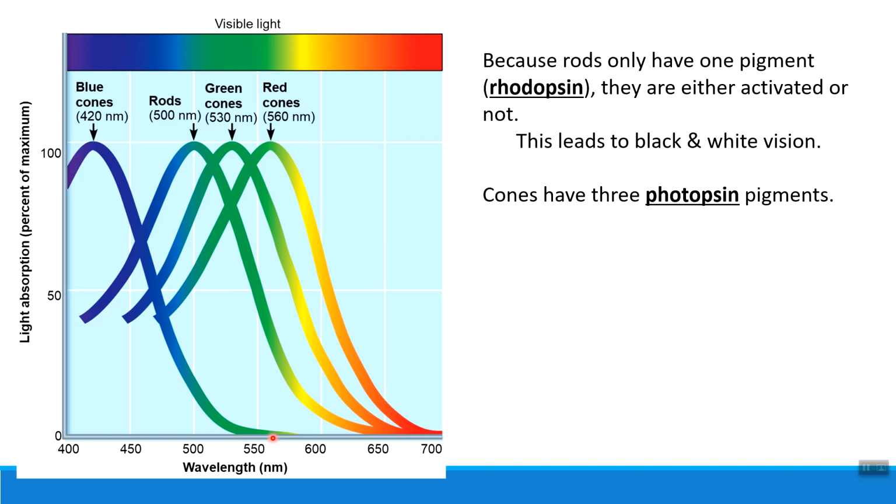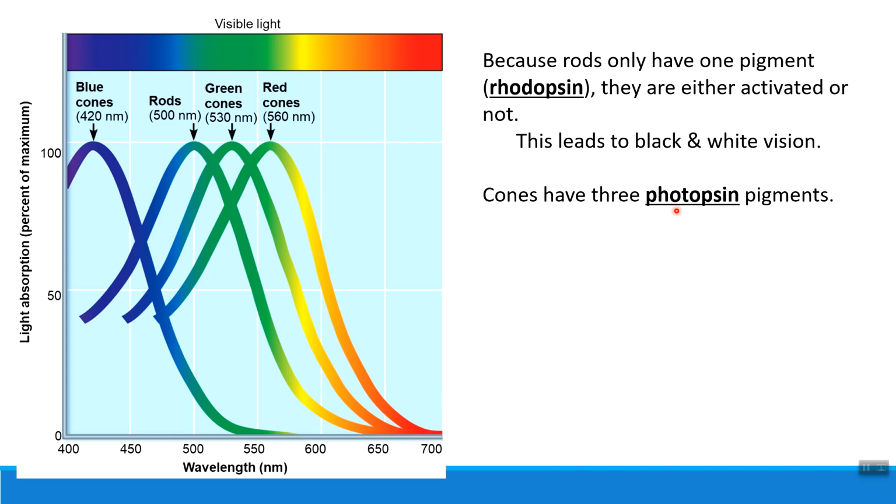But then we have another cone that we call the green cone. This can detect light waves a little bit in purple, mostly blue, green, over into the yellow, orange, red range. And our final cone detects even farther to the right. So really it picks up in green, yellow, orange, and red.